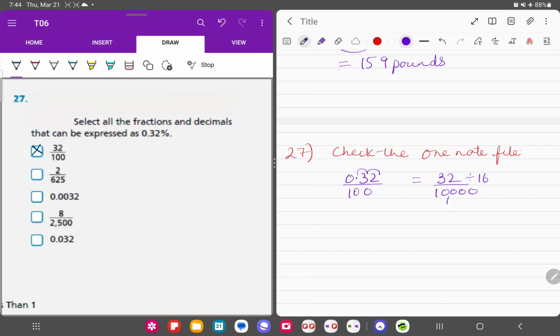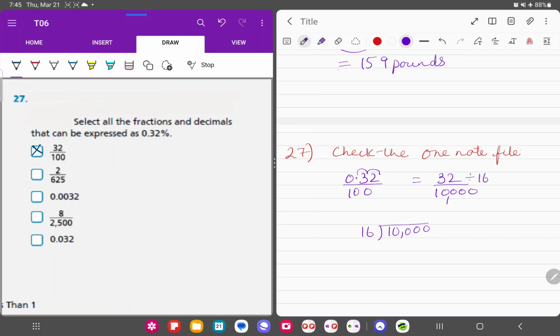Let me check. Now if you look on the left hand side, they have given us the option of 2 over 625, and I don't know if I can divide 10,000 by 16. So even if I'm able to divide, I must get the denominator 625 to make this case true, correct?